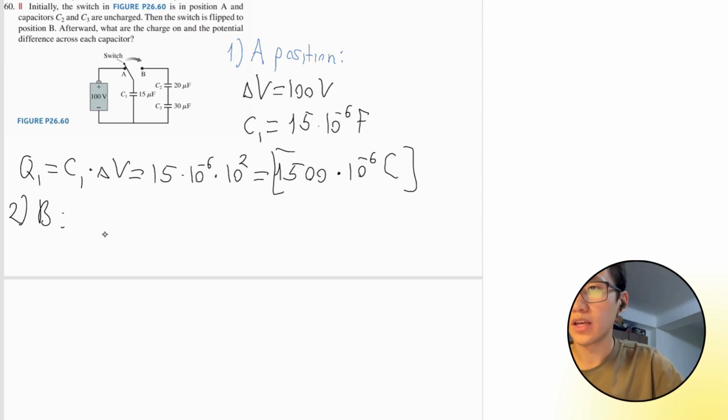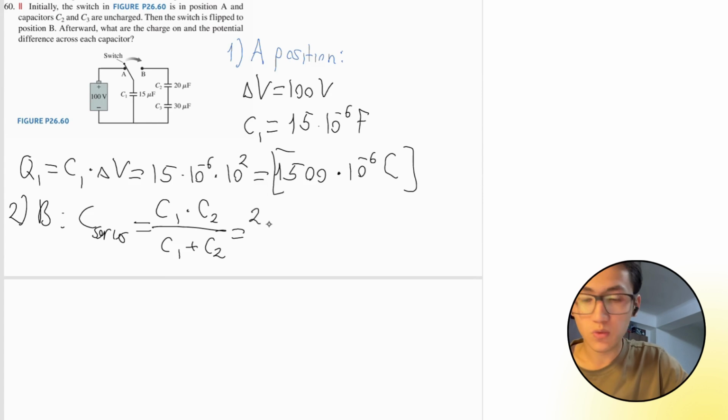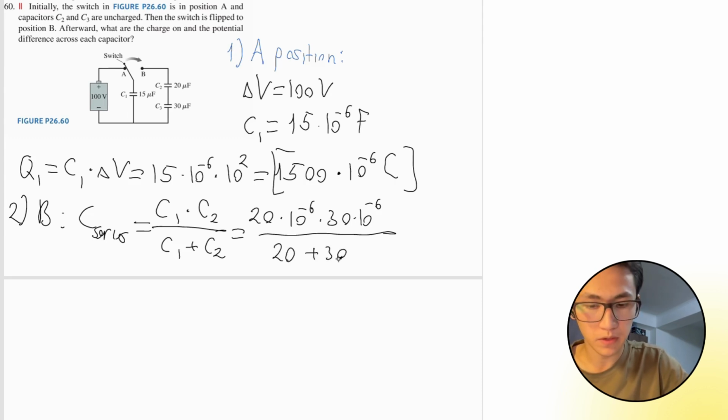As it's series, we can find it by this formula if we have two capacitors: 20 microfarads multiplied by 30 microfarads, divided by their sum, 50 microfarads.